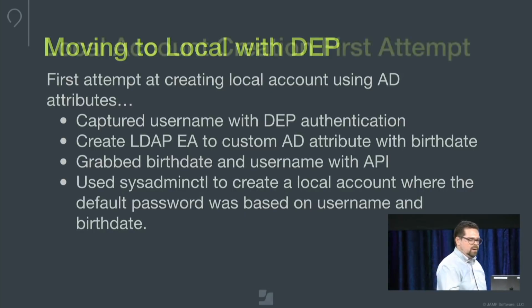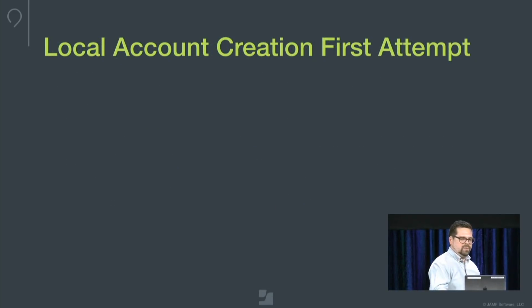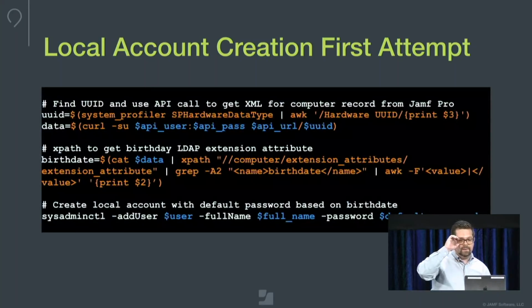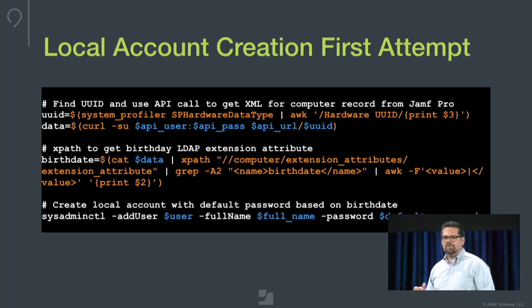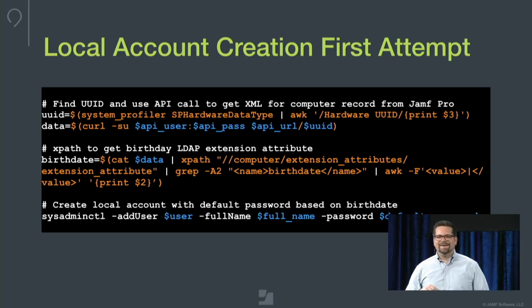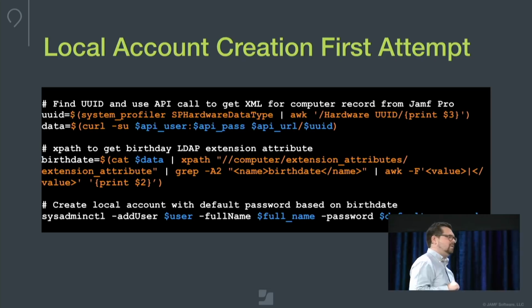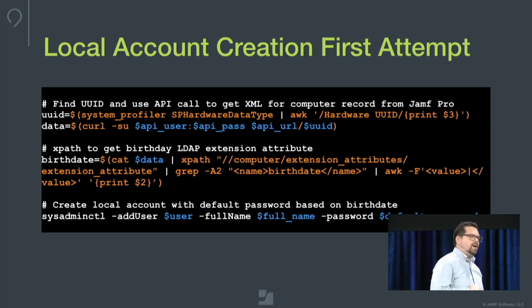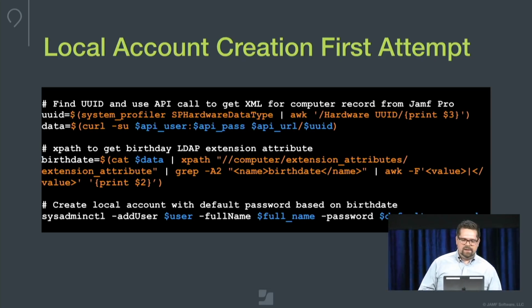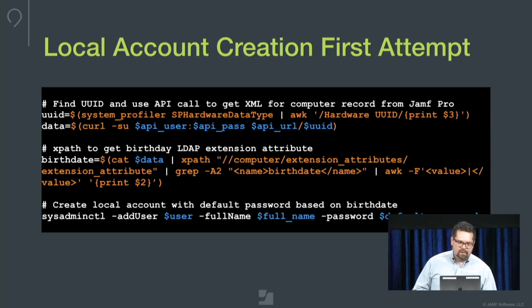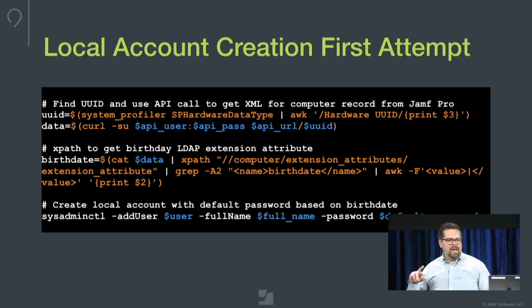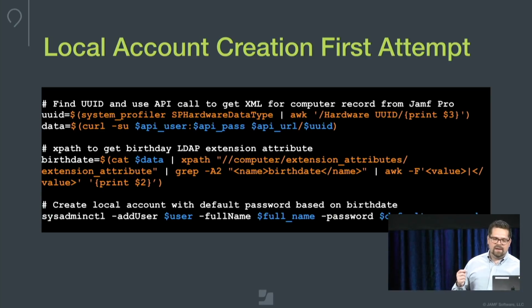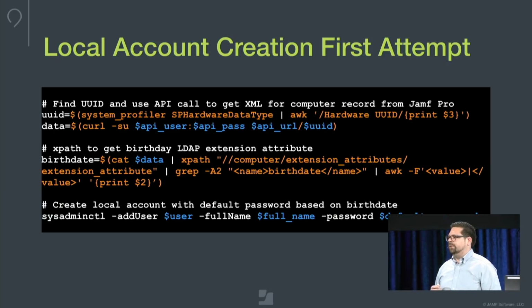So this is a code example of what I did. And again, we're passing a password on the command line in clear text, so don't do this. This was my workaround in production because I really couldn't do anything else. But you can see I grabbed the UUID with System Profiler, made an API call, grabbed the birth date with XPath, did some text manipulation, and then ran sysadminctl to add that user with the default password.